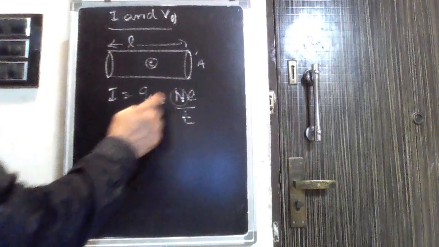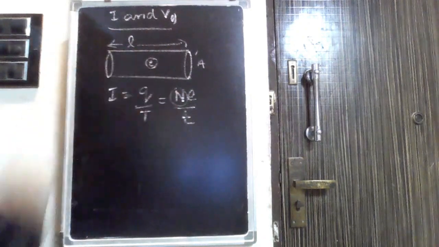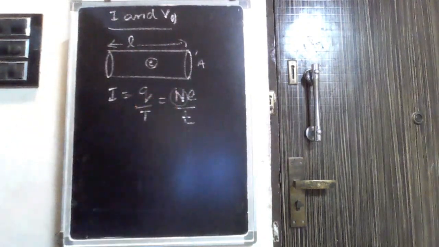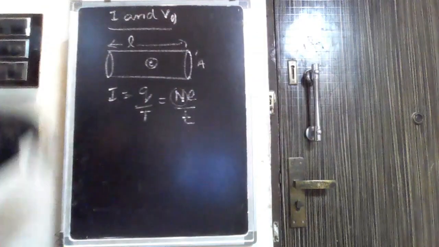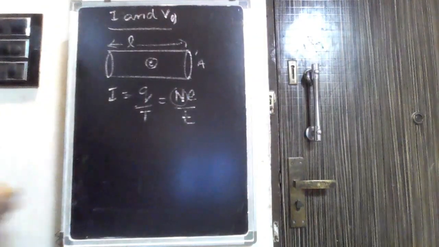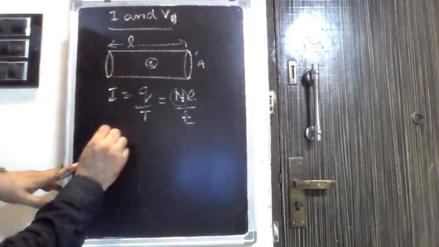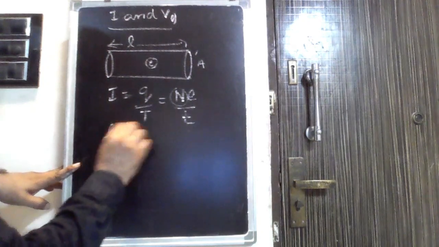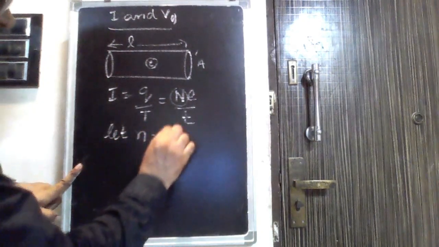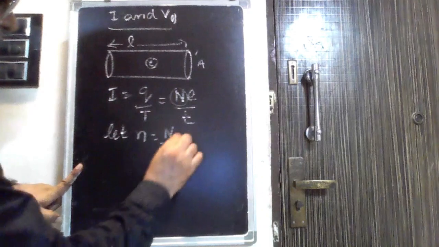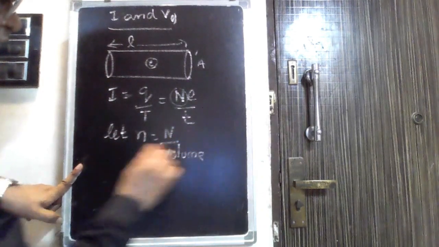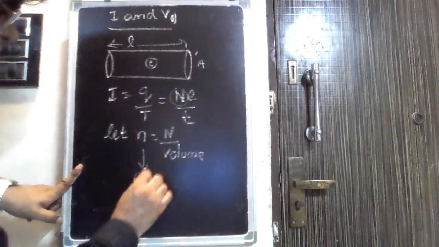So I need something which is constant here so that I can use it. I need to find the number of electrons in any wire I go for, not just the wire I have. So let's consider small n to be the number of electrons per unit volume. This is called number density.